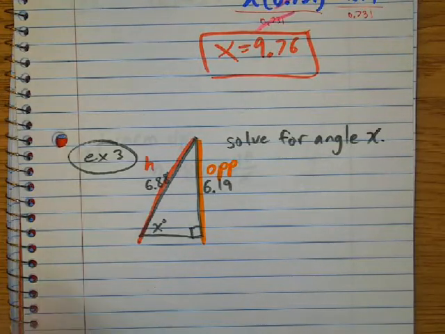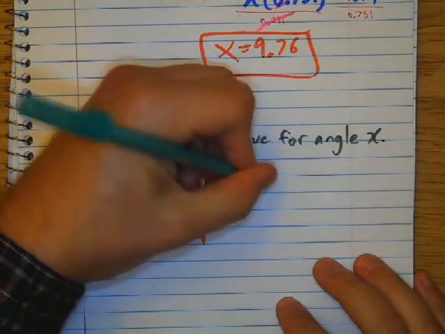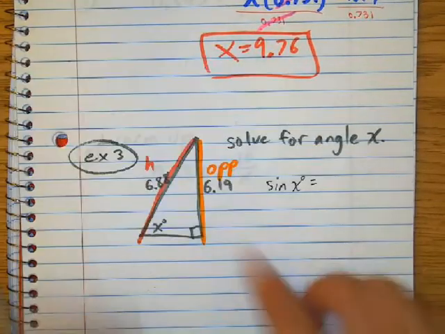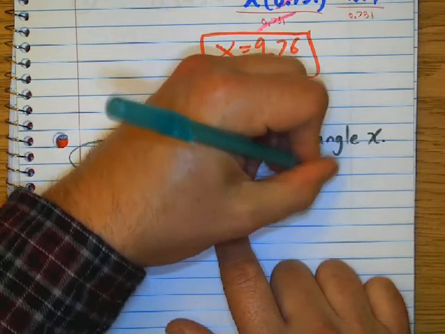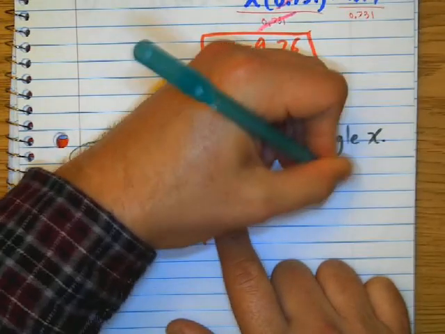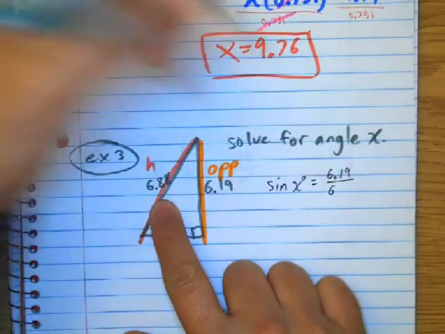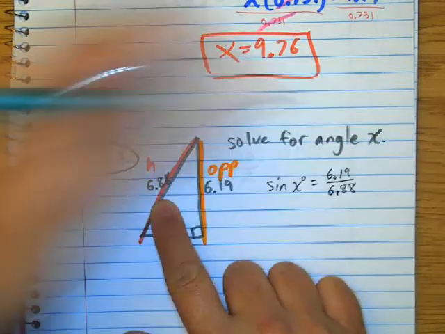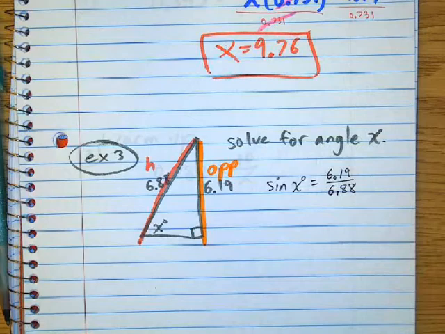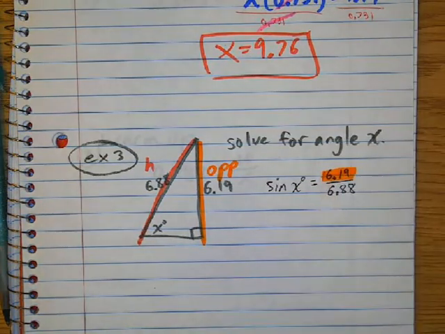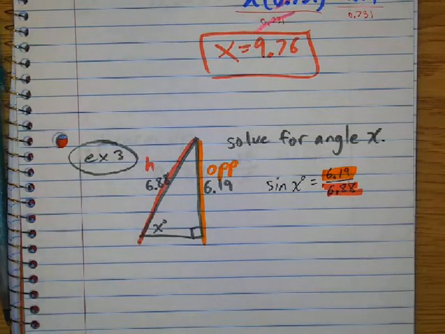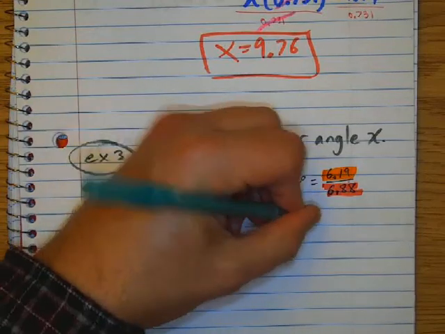And so, like before, sine of the angle is equal to opposite over hypotenuse, so 6.19 divided by 6.88. So I've got the opposite side divided by the hypotenuse. So let's do that in the calculator.